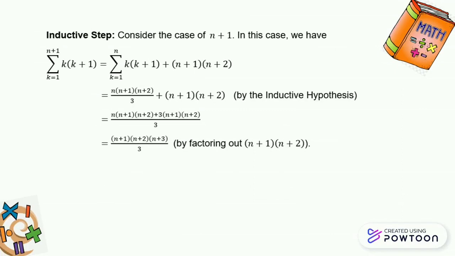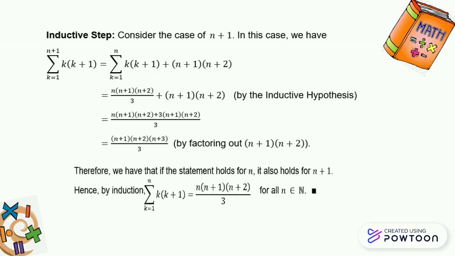This is by the inductive hypothesis. So, we have n(n + 1)(n + 2) + 3(n + 1)(n + 2). By further simplifying, we have (n + 1)(n + 2)(n + 3)/3, by factoring out (n + 1)(n + 2).